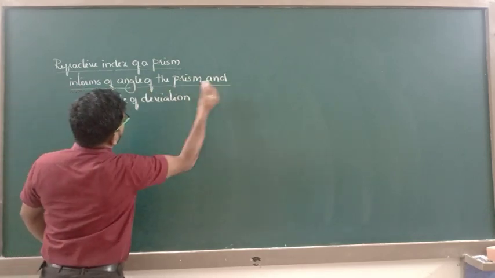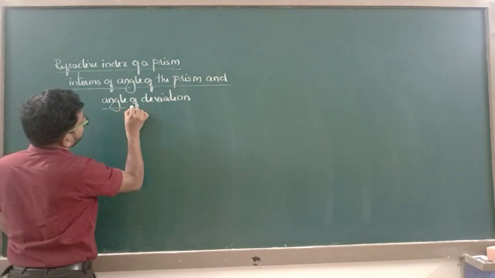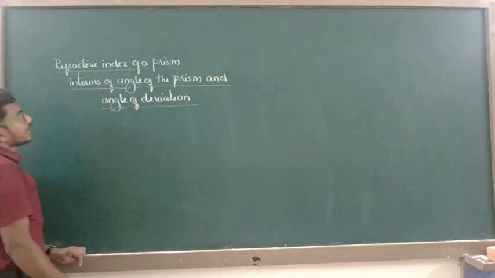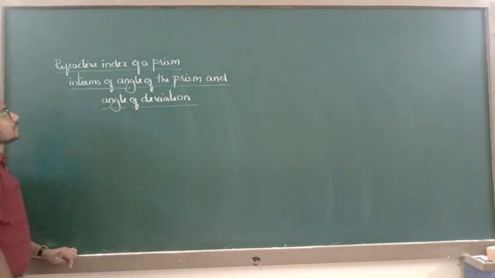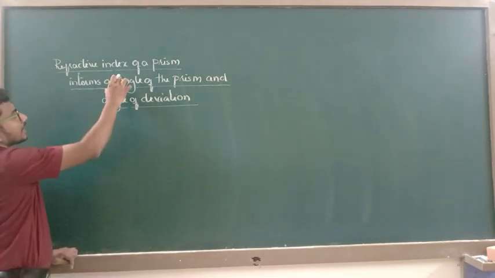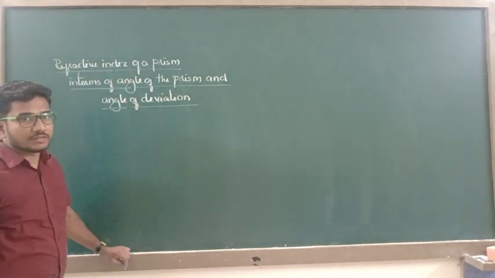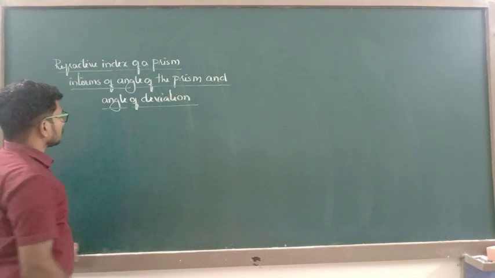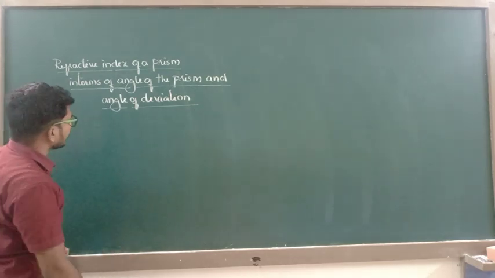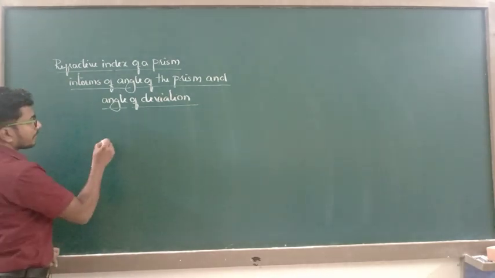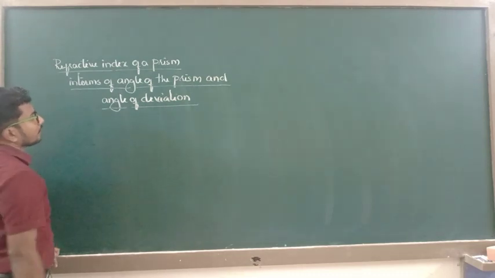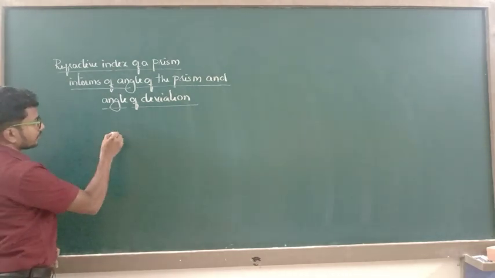Angle of the prism, it is represented by capital A. So relation between refractive index, angle of the prism and angle of deviation. So let us consider a prism, that is a front view of the prism.